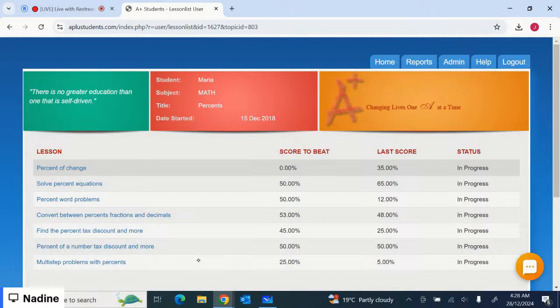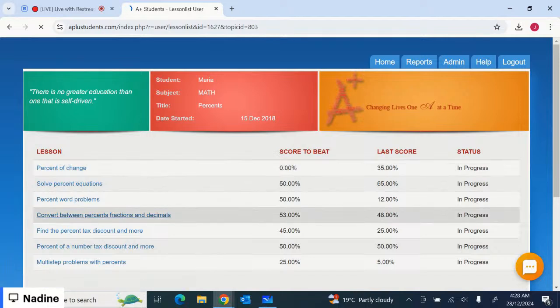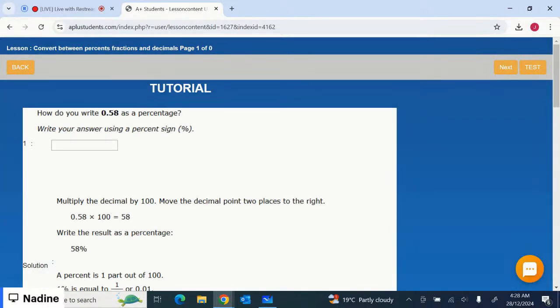The next lesson is convert between fractions, percents, and decimals.